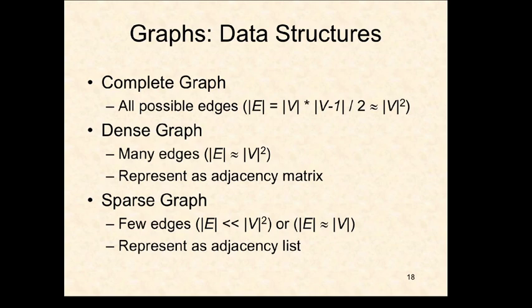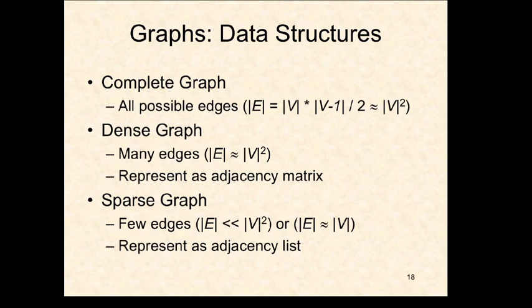Remember, we said if we don't say otherwise, we're talking about a simple graph. So in a simple graph, this is the maximum number of edges, when the graph is completely connected. A dense graph is a graph where the number of edges is proportional to V squared.